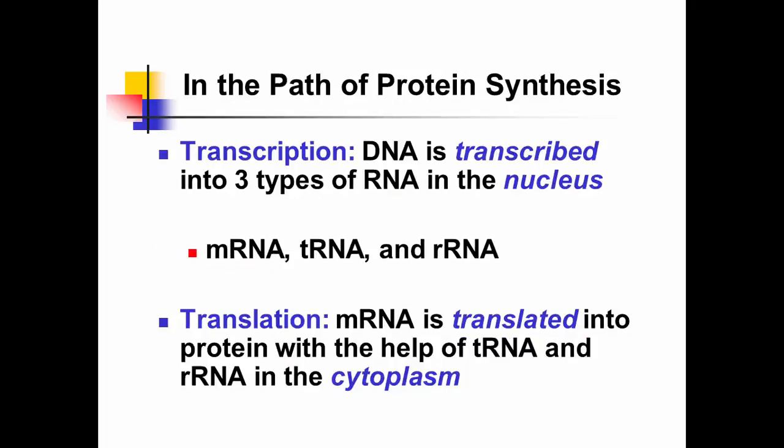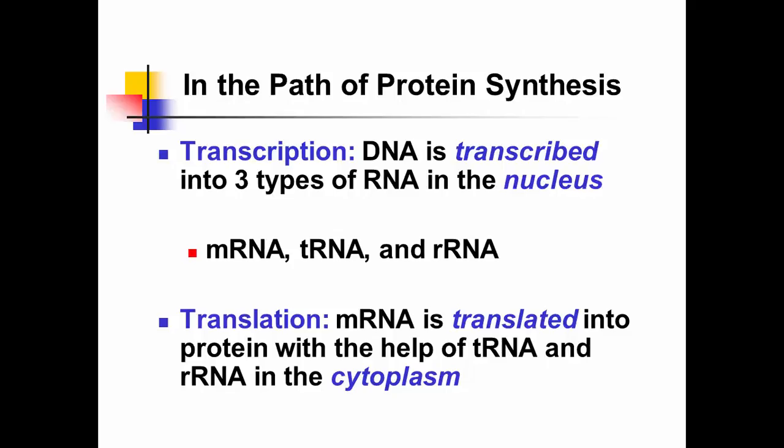All right, so now let's talk about protein synthesis. You probably already know this, right, from when you learned biochemistry. First of all, the genetic information needs to be transcribed, right?